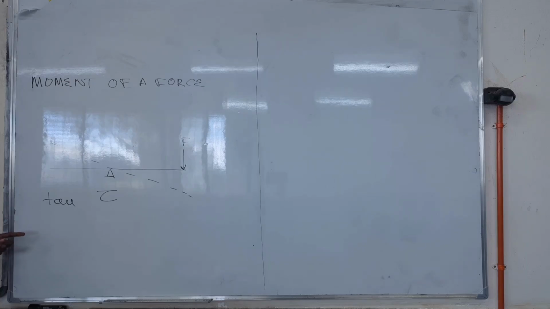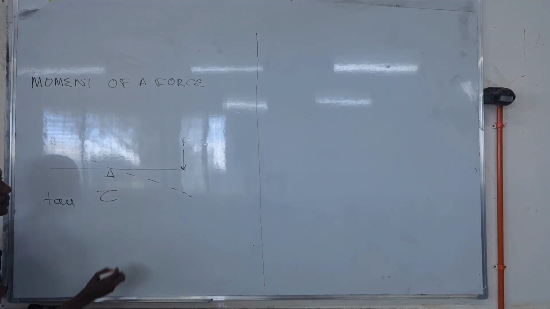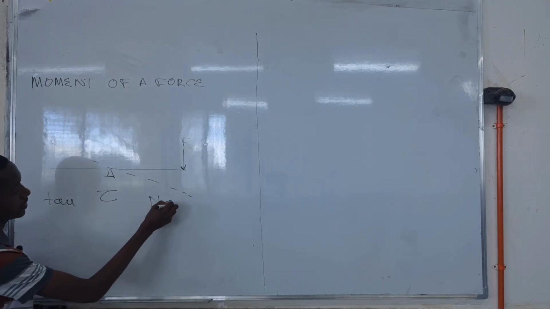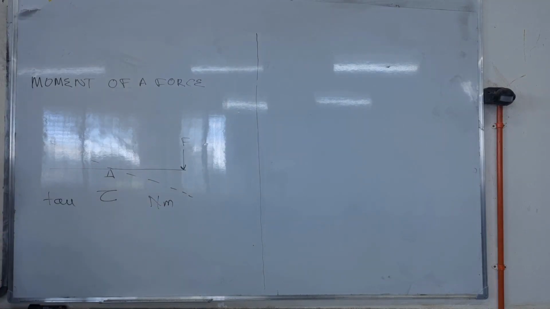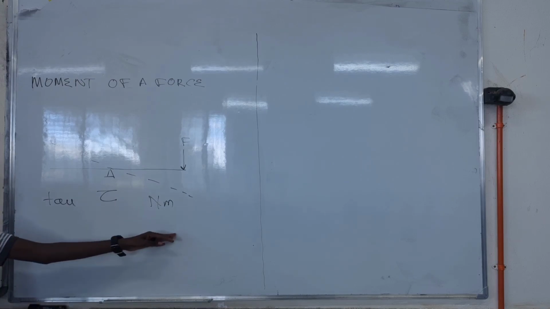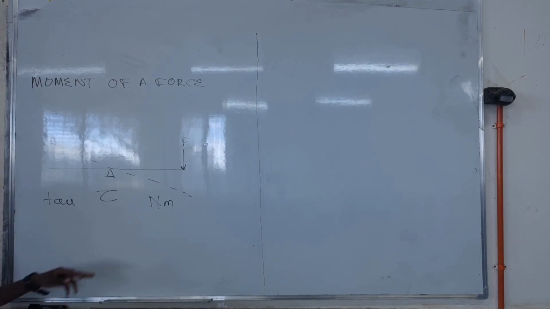It's a Greek letter, not in the English alphabet. So it's measured in Newton meters as standard. But you might find that maybe it is in Newton millimeters. But for your case, your answer needs to be in Newton meters.